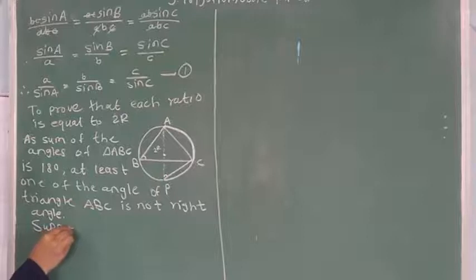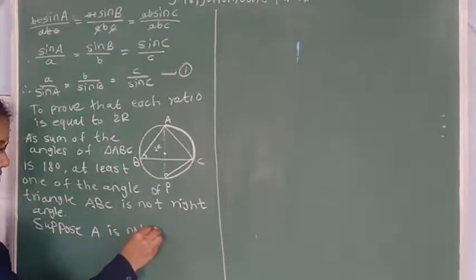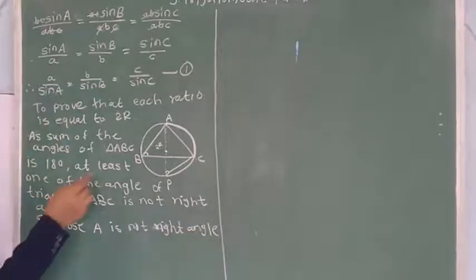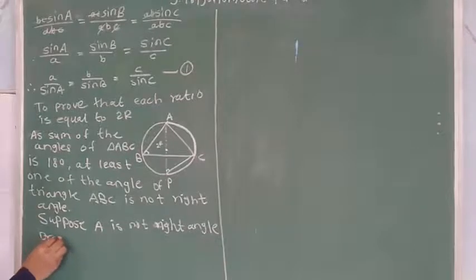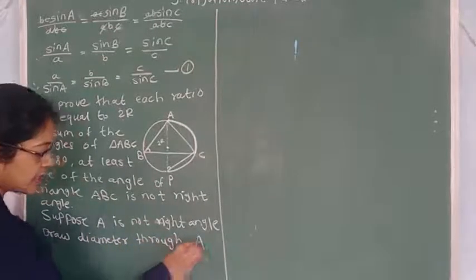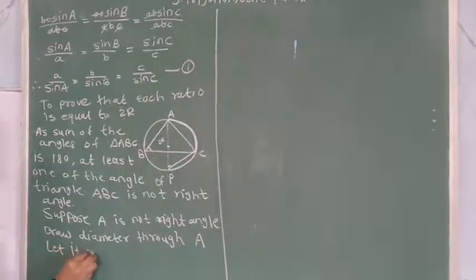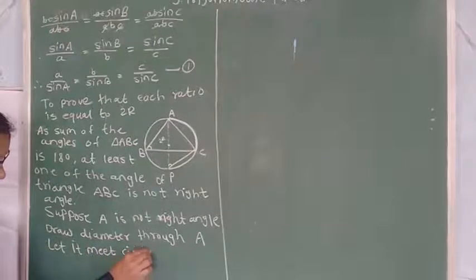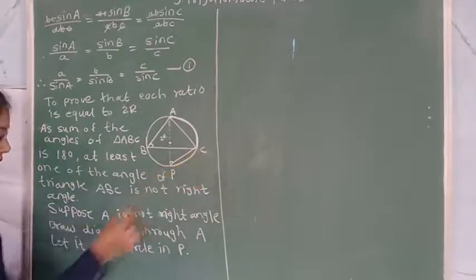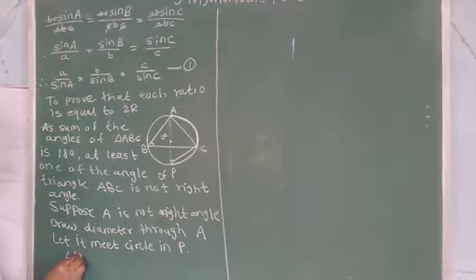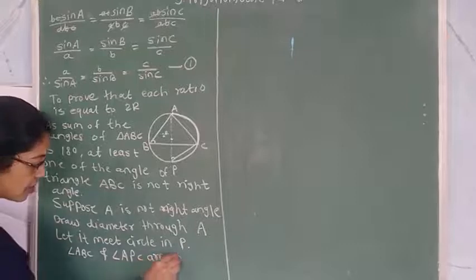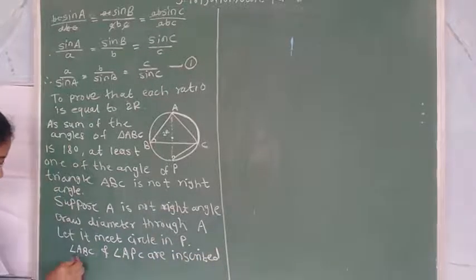Suppose A is not a right angle, then we draw a diameter through A. Let it meet the circle in P. So therefore angle ABC and angle APC are inscribed in the same arc AC.